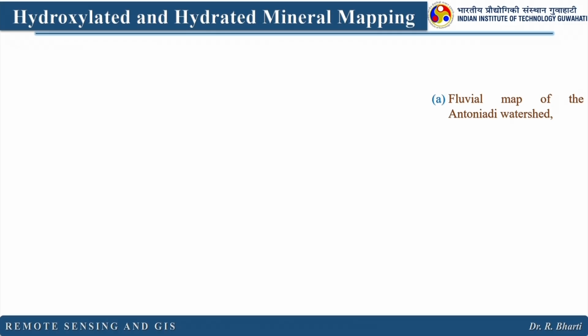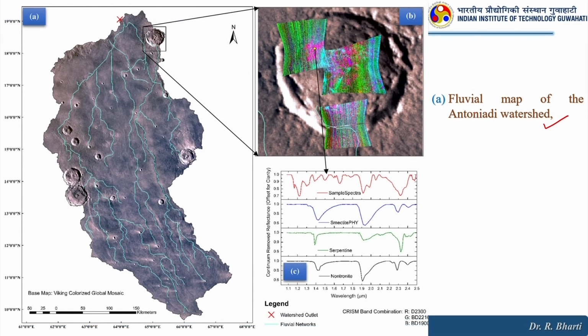Following this method, we have derived the hydroxylated and hydrated minerals on Mars. Here, this particular section is part of this image, that is A, which is here. It says fluvial map of the Antennadi watershed. This I will cover in the future lectures.